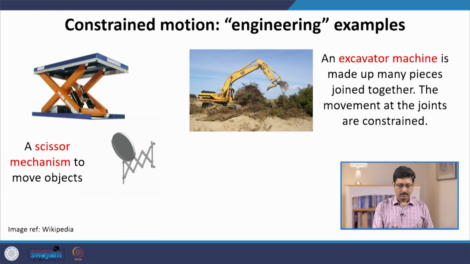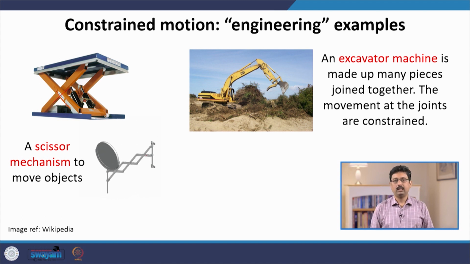As is clear, these rods are not allowed to move freely because they are connected at the hinge. The other example is an excavator machine, which is made up of various pieces, and all these pieces are connected by hinges, and because of the hinges they are not free to move; there are certain constraints.